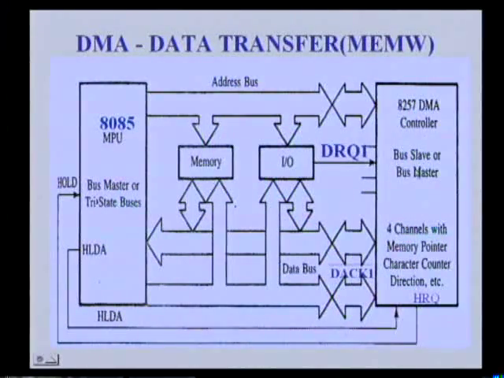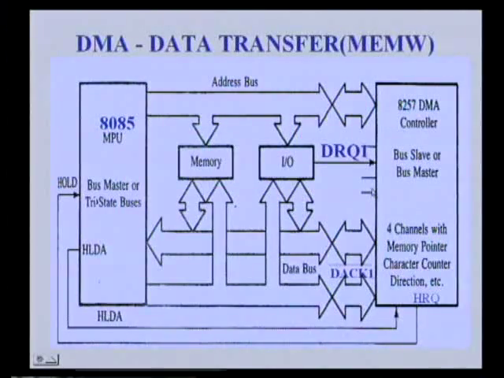Initially, this DMA controller is also just like any other peripheral. That is, it will be in what is called slave mode. In this mode, the 8085 microprocessor identifies the DMA controller just like other peripherals and writes control words initially into it. This DMA controller has 4 channels, that is, I/O devices are connected to this DMA controller.